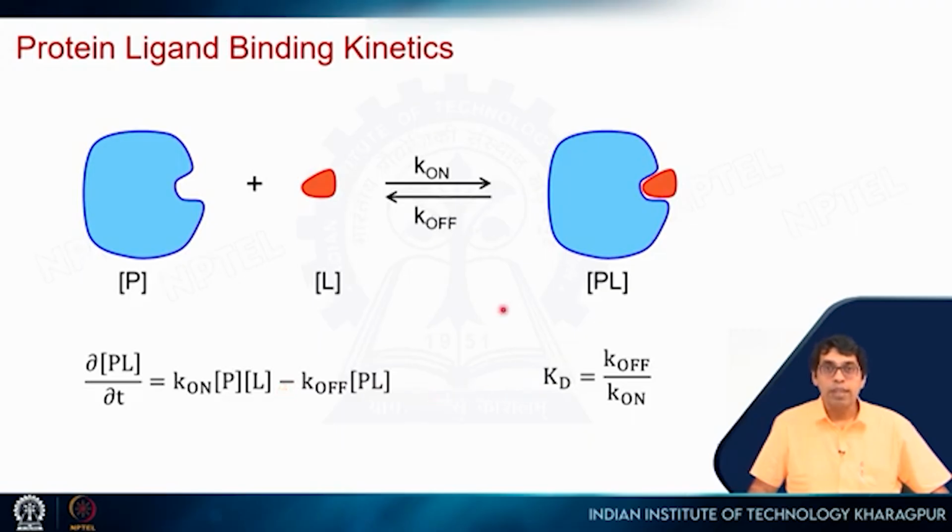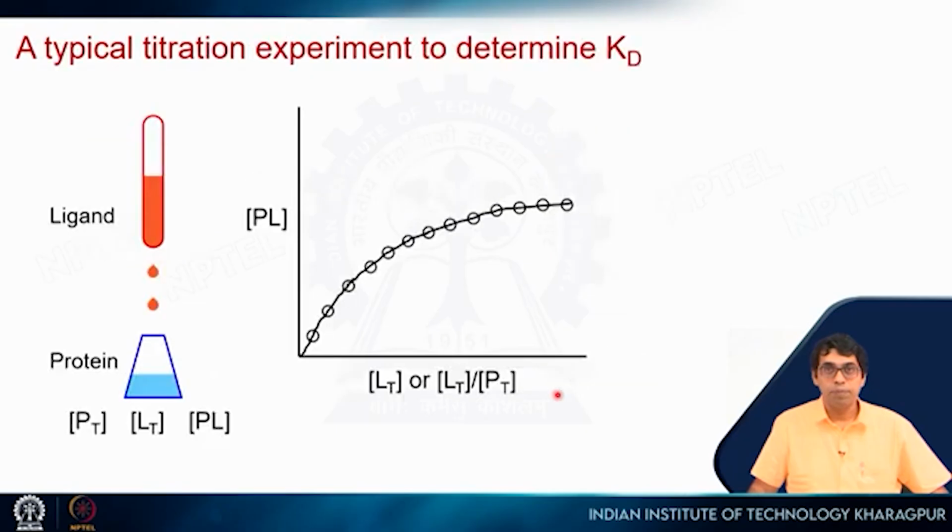So, KD is related to these on and off rate constants as follows: KD equals K off by K on. But remember that this is valid only under equilibrium condition.